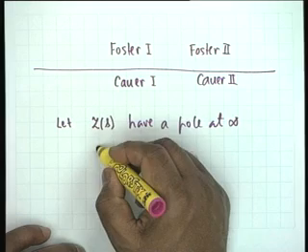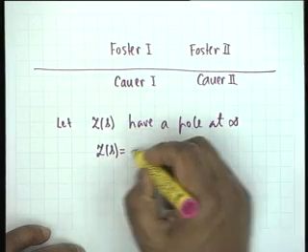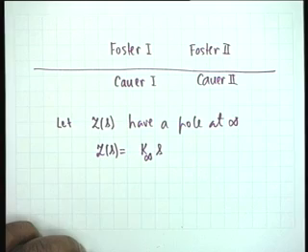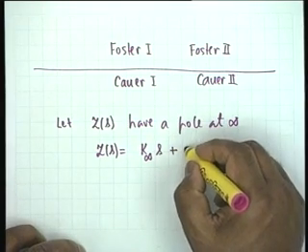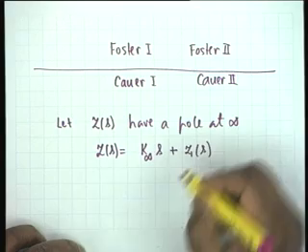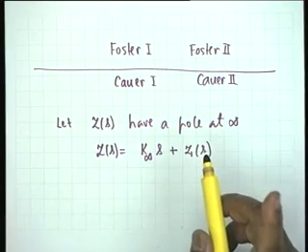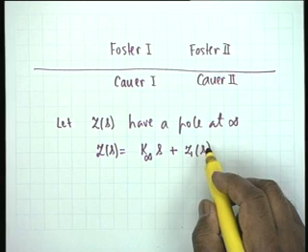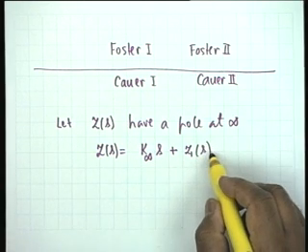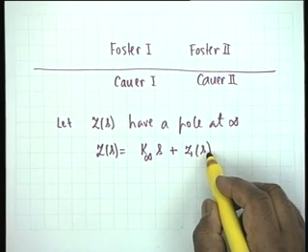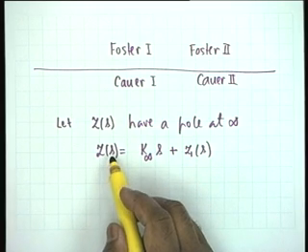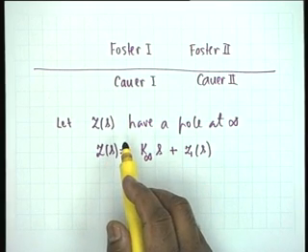Then obviously I can write Z of S equal to k infinity S, where k infinity is the residue of Z of S at this pole, plus another function Z1 of S, which as we showed earlier is also PR and also LC, because the real part of this on the j omega axis is equal to the real part of Z of j omega, which is equal to 0.